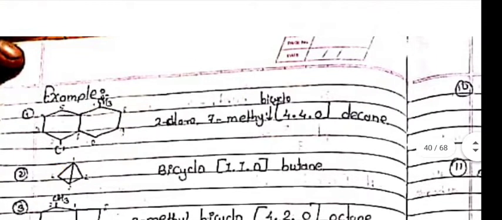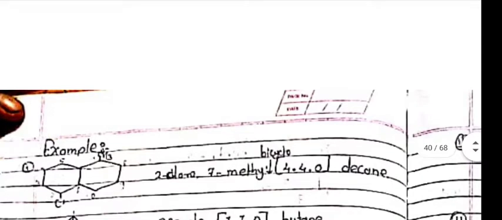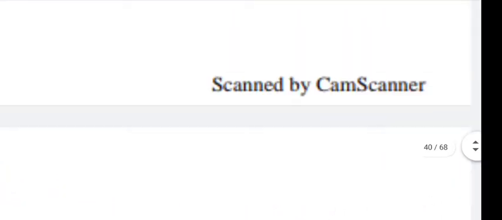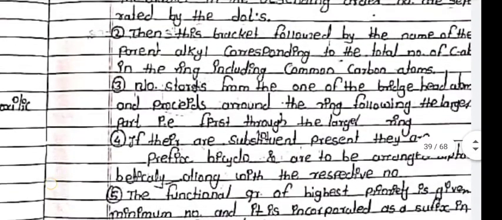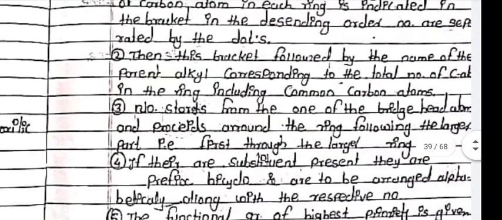So in this ring the total number of carbon atoms is 10, so as the parent we write decane as the final compound. In the same way, the bracket is followed by the name of the parent alkane corresponding to the total number of carbon atoms in the ring, including the common carbon atoms.